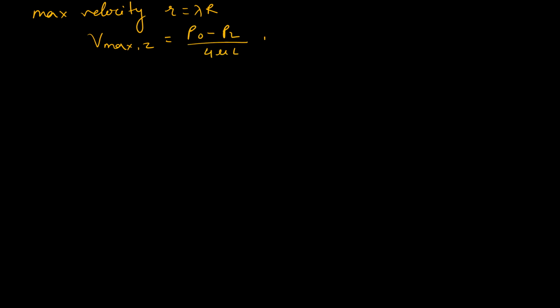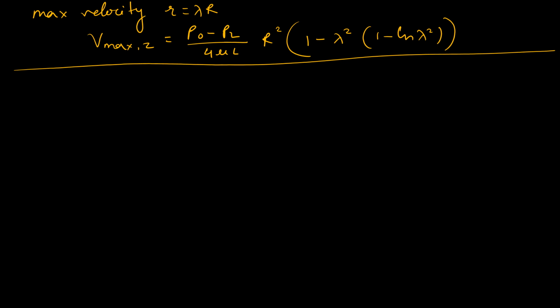To find the maximum velocity, we need to put r equals λR. Then we get Vz max equals (P0 minus PL)/4μL R² times (1 minus λ²(1 minus ln λ²)). Now what is the average velocity?